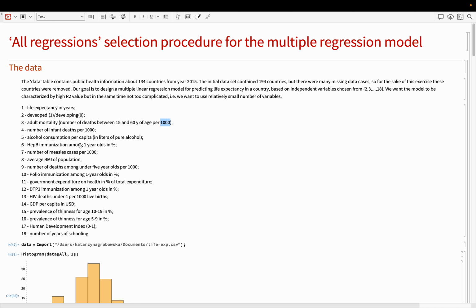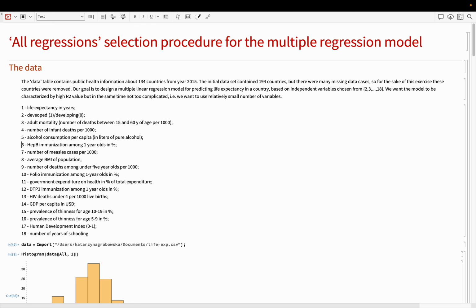Then variable number 4, number of infant deaths per 1,000 people. Then alcohol consumption. It is calculated in liters of pure alcohol and expressed per person.